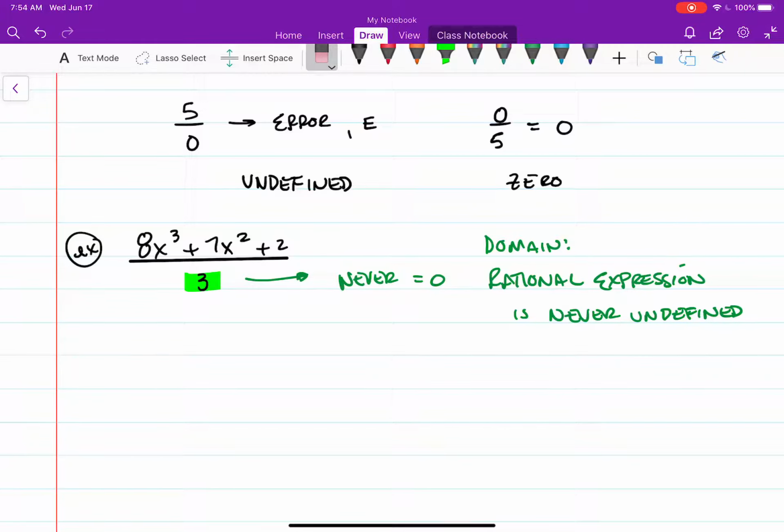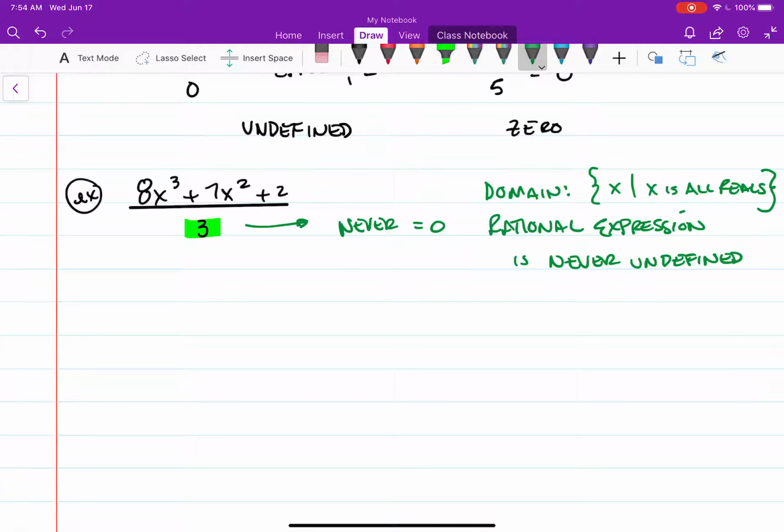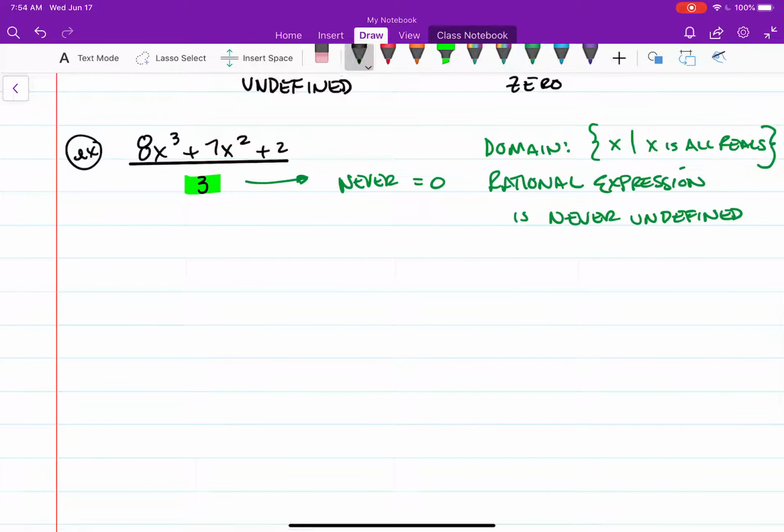Let me draw that prettier. x such that x is all reals. I know that doesn't really clear things up, but that is the simplest example I can give at this time. So domain is what values I can give these variables that will still give me a fraction. And since 3 would never become 0, this rational expression is never undefined. That's why when it says all reals, it means I can use any values for x.